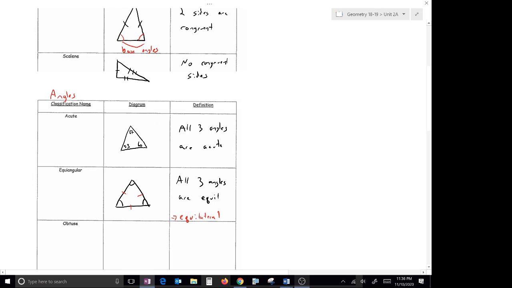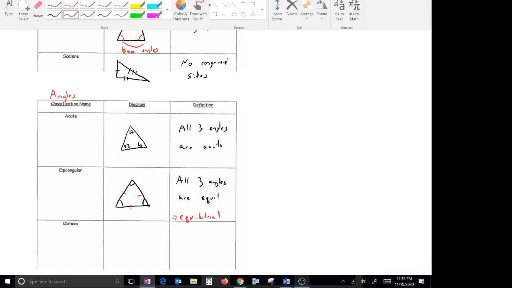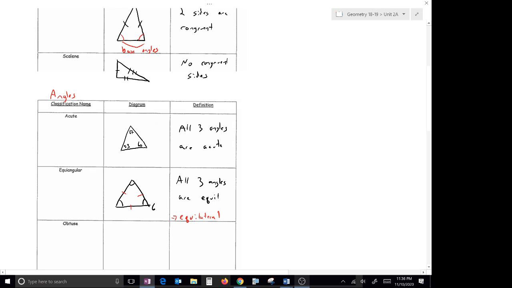By the way, if all three angles are equal in a triangle, which we'll find out later, there's 180 degrees in all three angles added together, so that means that each of these angles is 60 degrees.